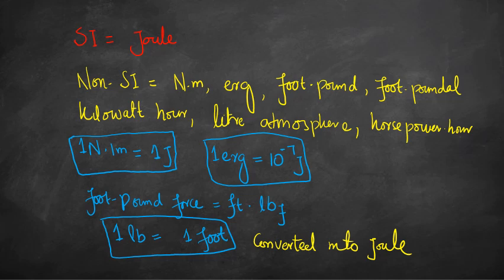So in simple words, dear student, the SI unit of work is joule, whereas non-SI units of work are Newton meter, ergs, foot pound, foot poundal, kilowatt hours, liter atmosphere, horsepower hour.